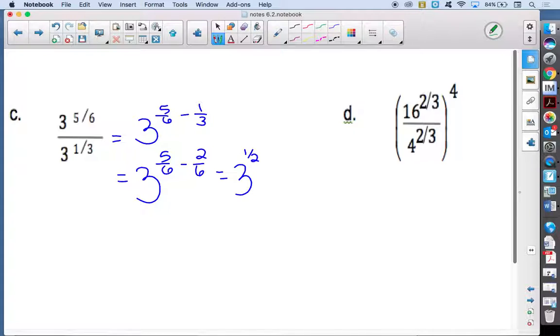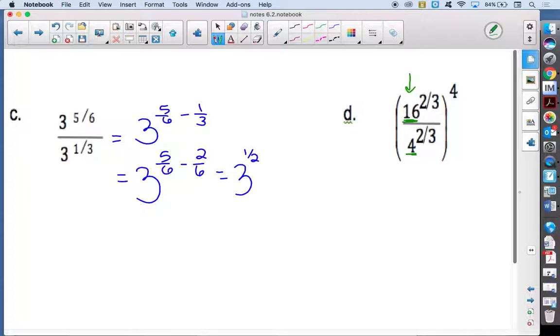I would subtract. No, you wouldn't subtract. No, you're good though. What do you do inside these parentheses? They both have the same power, so they're the same types of numbers. So just divide 16 by 4. Right, divide 16 by 4. If the powers are the same, then they're the same type of number. They're both to the 2/3.